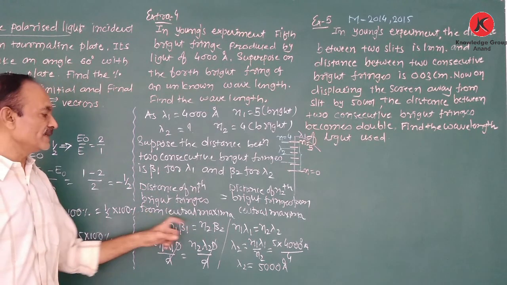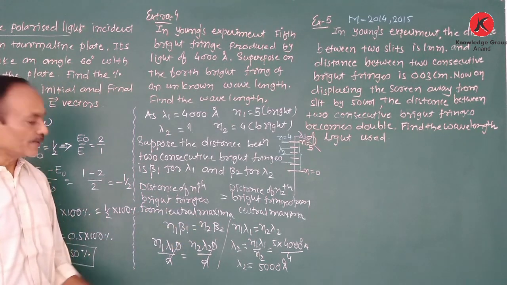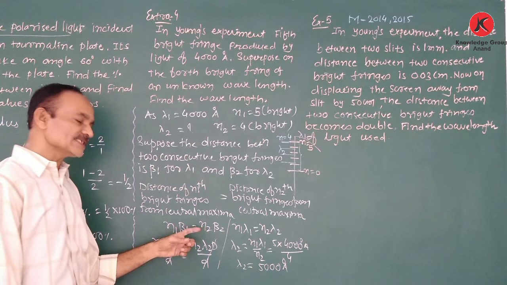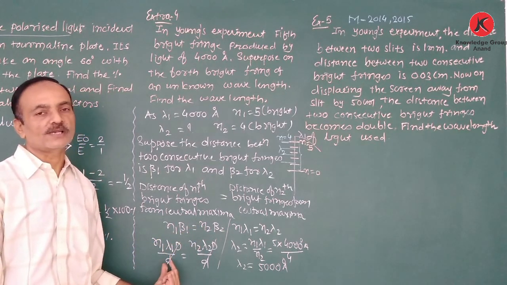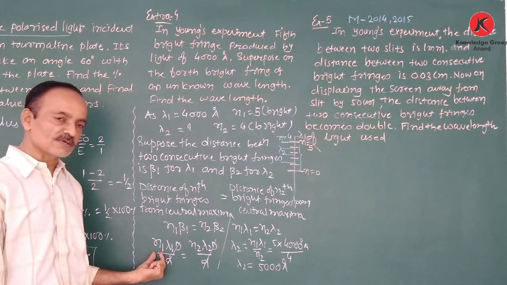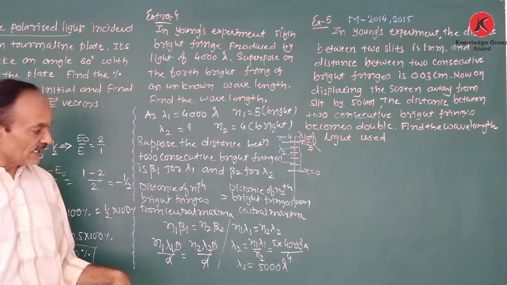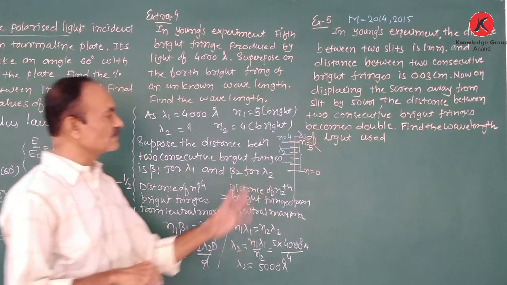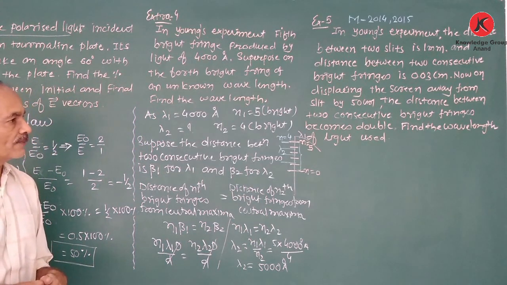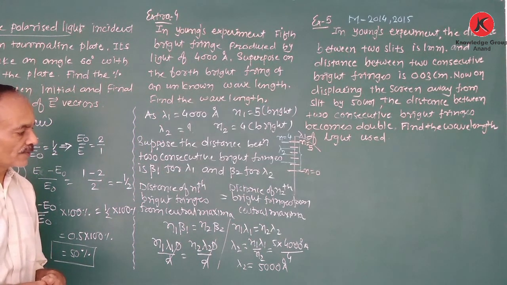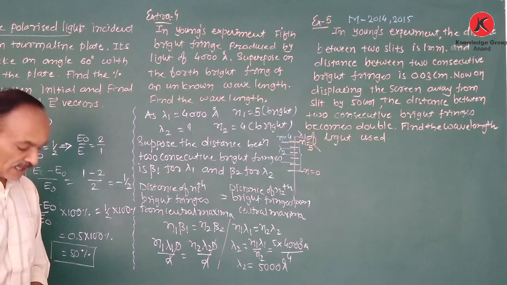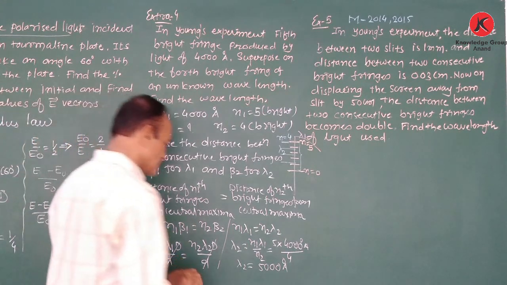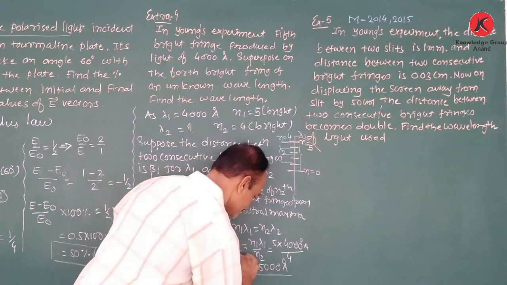So n1 into beta 1 is equal to n2 into beta 2. We know that the distance between two consecutive bright fringes is lambda d upon small d. So using this concept, D upon d is cancelled. Therefore, n1 lambda 1 is equal to n2 lambda 2. Therefore, lambda 2 is equal to n1 lambda 1 upon n2. Thus, we obtain the unknown wavelength as 5,000 angstrom.